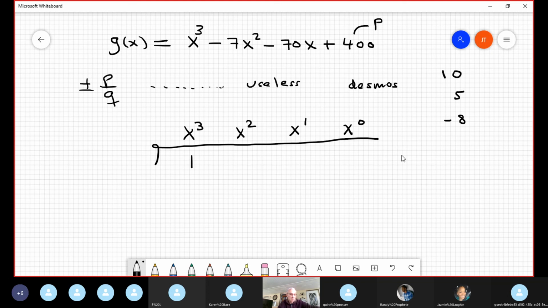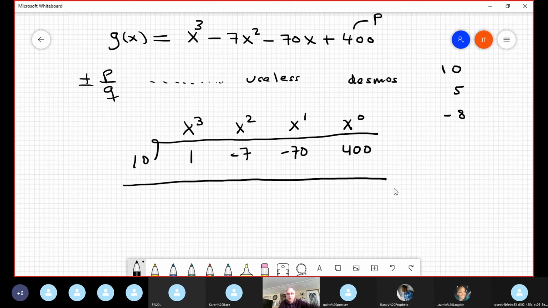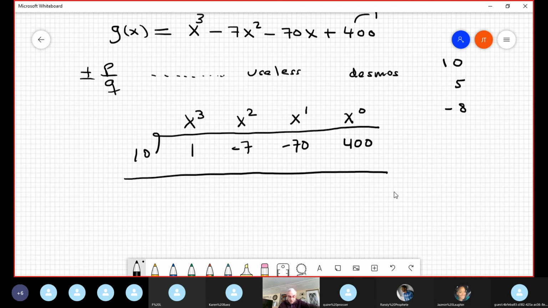The coefficients are 1, -7, -70, 400. Wow, big number. If it is a big number, I try to start with the big number, because the process of synthetic division reduces the number.